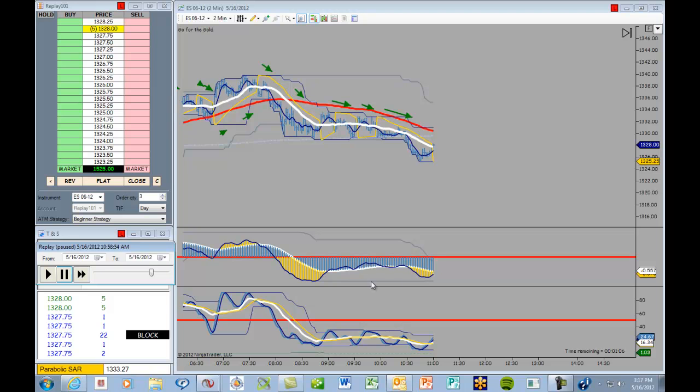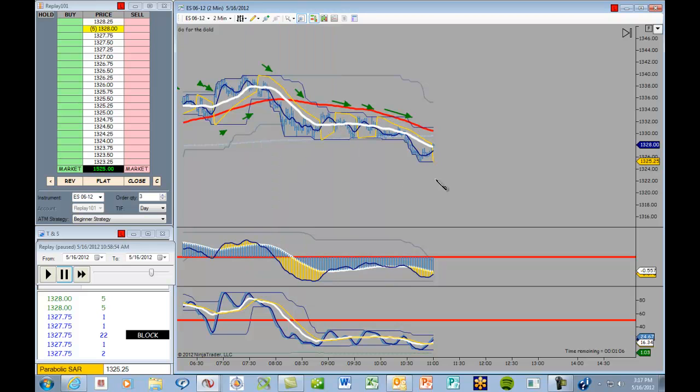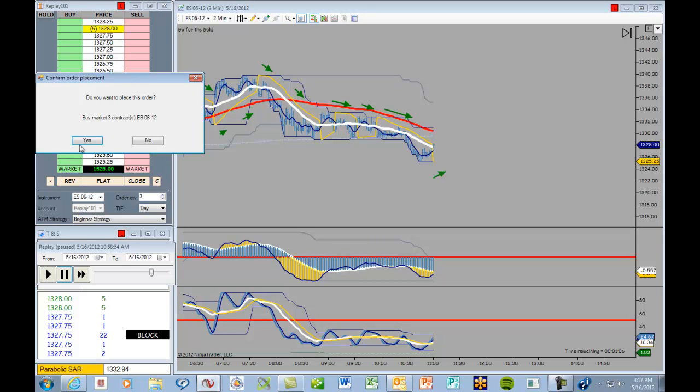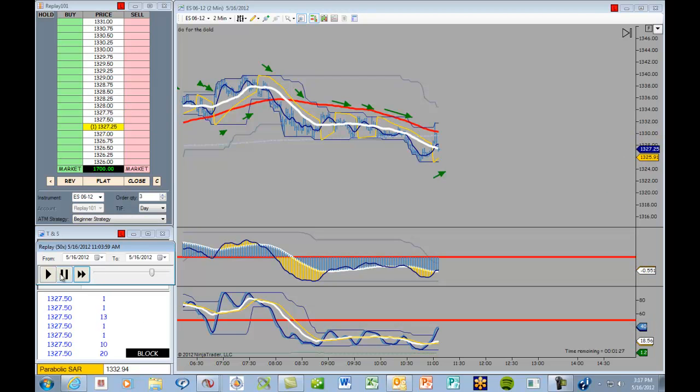We've got some divergence on the MACD. I'm not sure what the count is on the Elliott wave, but we do have what appears to be a dual bullish cross on the stochastic. So let's get long. Well, that was well done. Let's see what happens here.